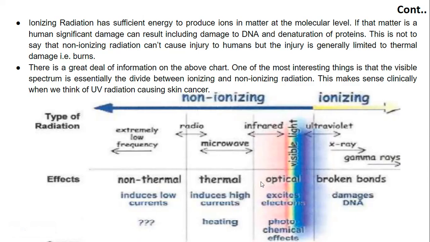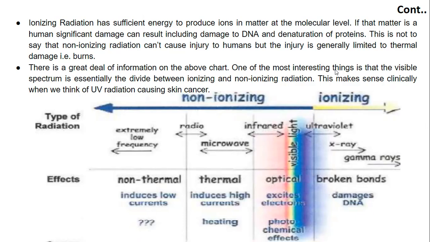They have optical, thermal and non-thermal effects depending upon their wavelength and frequency. It will indicate, depending upon their wavelength and frequency, whether the wave is harmful enough or not, right?